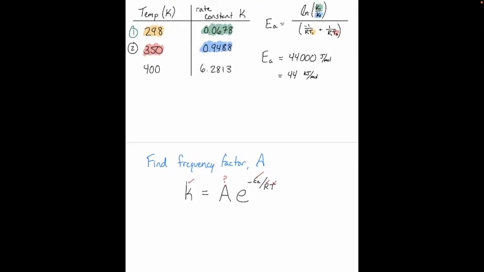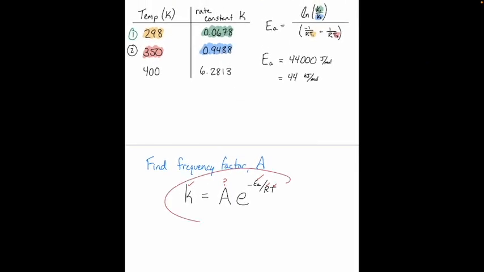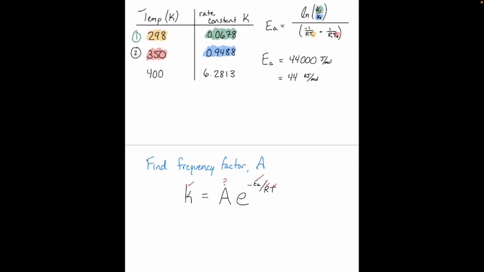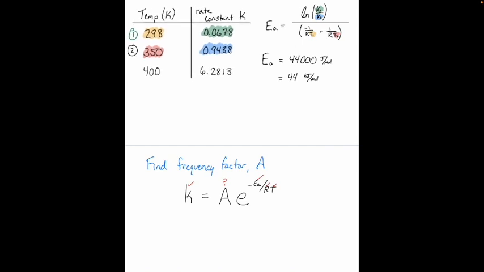Everybody take a second using our equation here, solve for that frequency factor using any one of our data points from our table. And again, you will get a very large number.